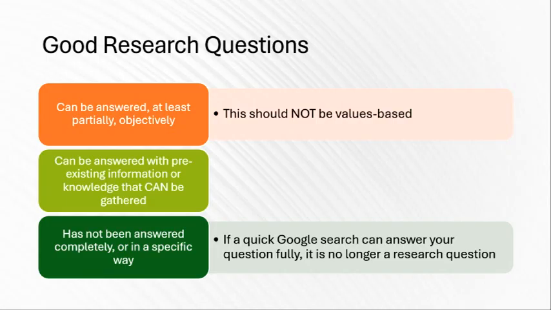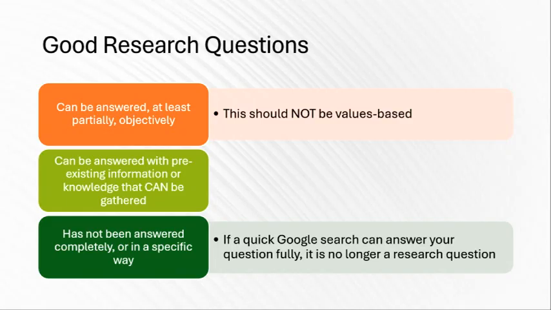So let's talk about research questions, specifically good research questions. Good research questions can be answered at least partially objectively. Hear me when I say that again: good research questions can be answered at least partially objectively. And what I mean by objectively is that it is not subjective, it's not depending on the person.